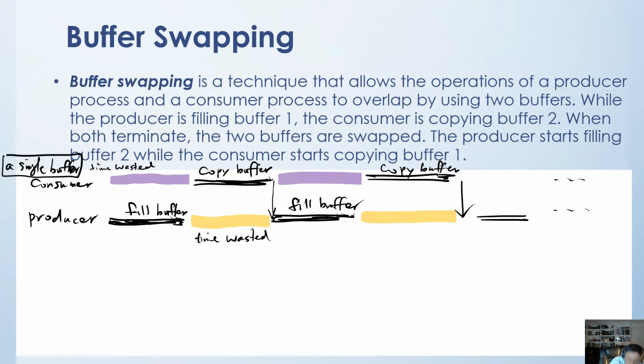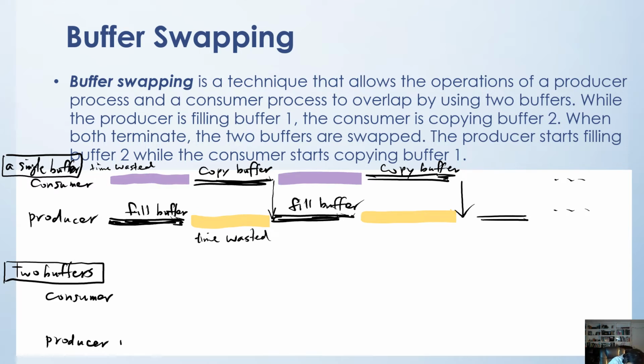Now let's use two buffers, and then we can do the buffer swapping. Here again, it's a consumer and a producer.